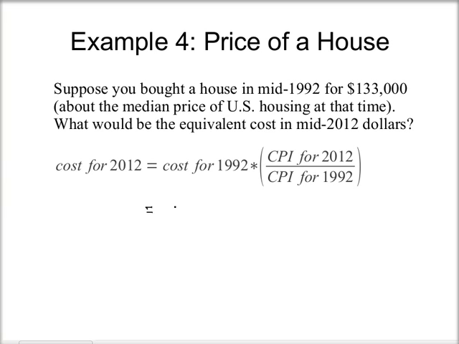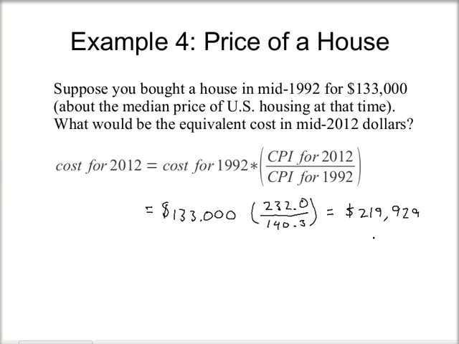So I know the cost for 1992 was $133,000. The CPI for 2012 was 232.0, and the CPI for 1992 is 140.3. So if I put that into my calculator, I'm going to get a projected home cost of $219,992.